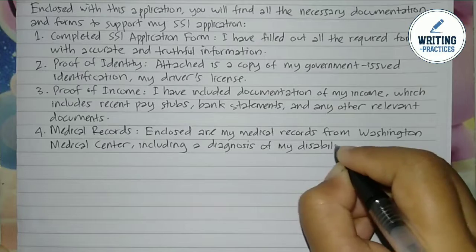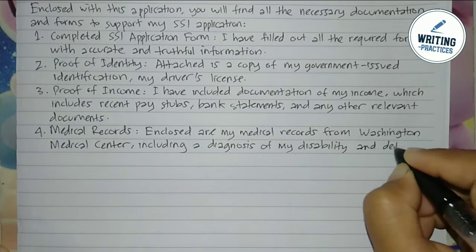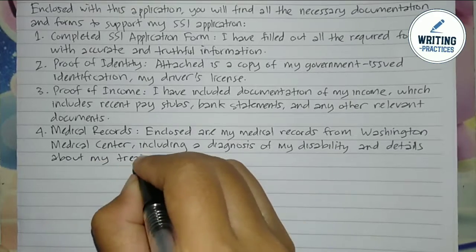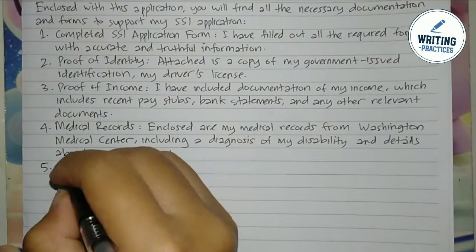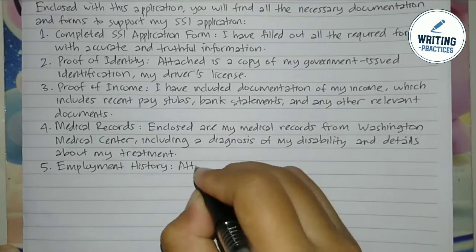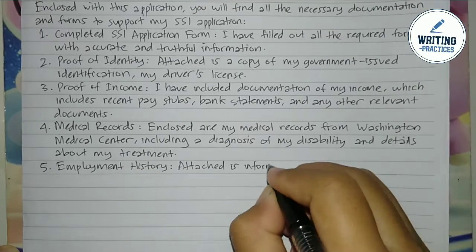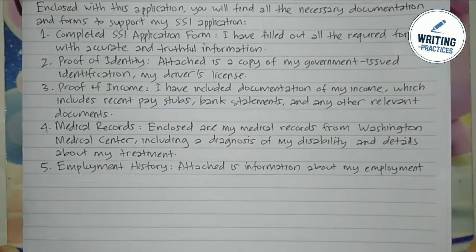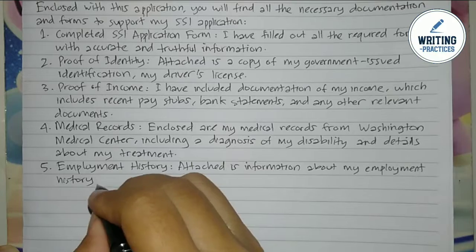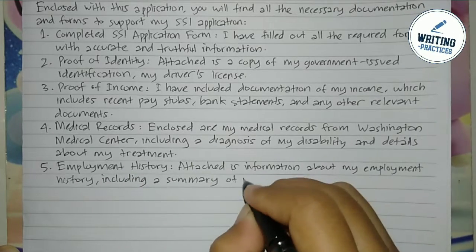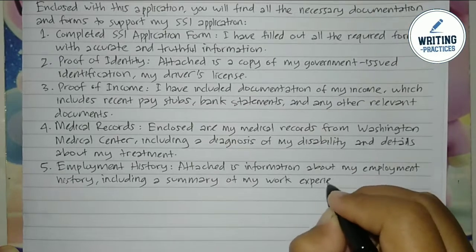Enclosed are my medical records from Washington Medical Center, including a diagnosis of my disability and details about my treatment. For the 5th document, it is your employment history. Include information about your employment history, providing a summary of your work experiences. Check this example. 5. Employment history. Attached is information about my employment history, including a summary of my work experiences.